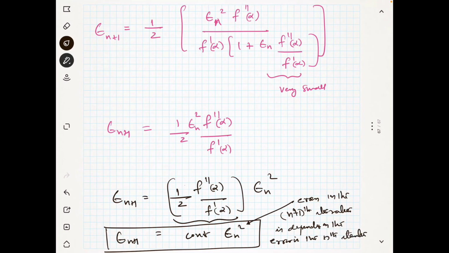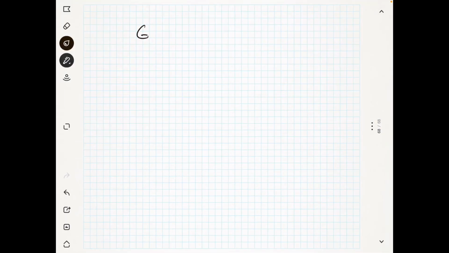And how is it depending? It is depending on the square of the error in the nth iteration, so that it is a second degree. That means you can say that epsilon n plus 1 is equal to some constant into epsilon n square.